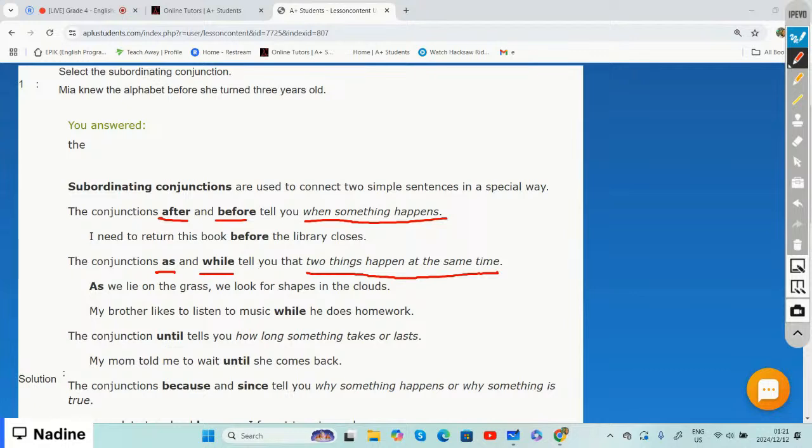They use the word while to show that connection. And if you use the conjunction until, it will tell you either how long something takes or how long something lasts.